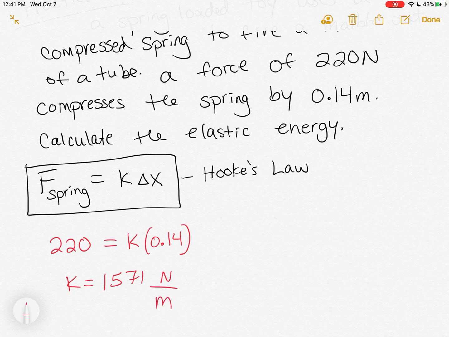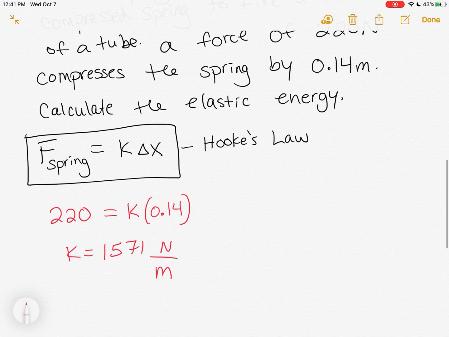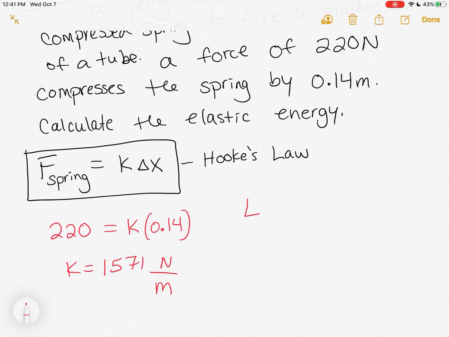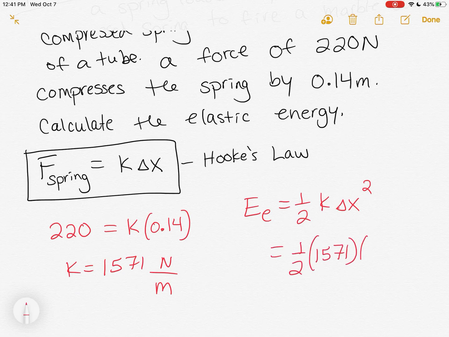So we've got a spring constant of 1,571. And the spring constant unit is actually in newtons per meter. Then we're going to use this to calculate our elastic energy. Elastic energy is 1/2 K delta X squared.